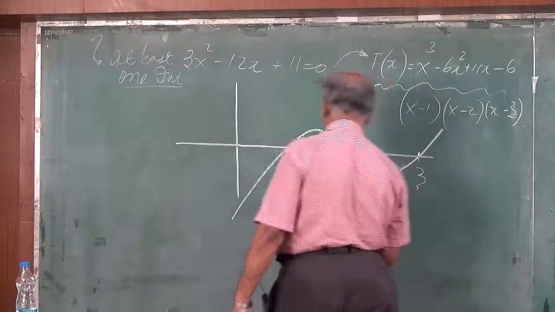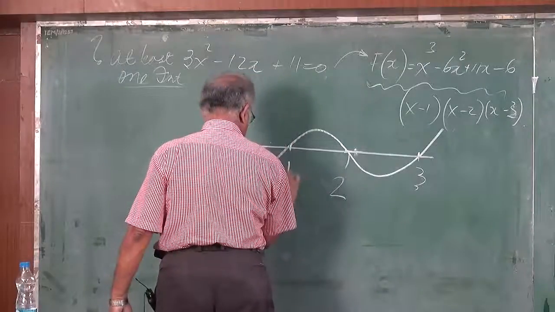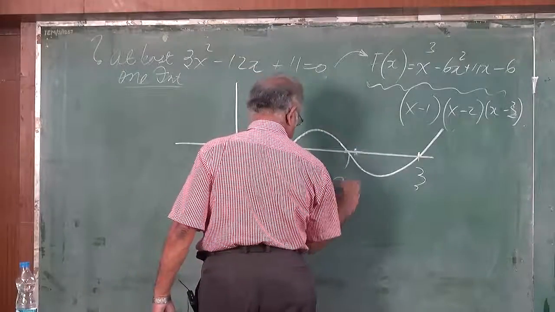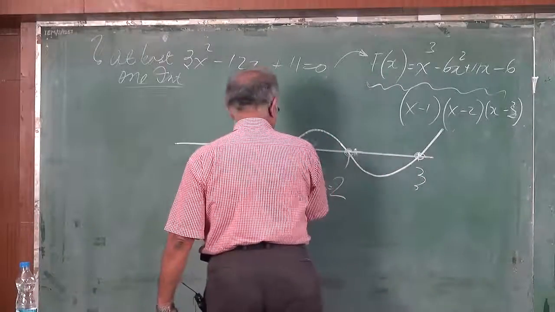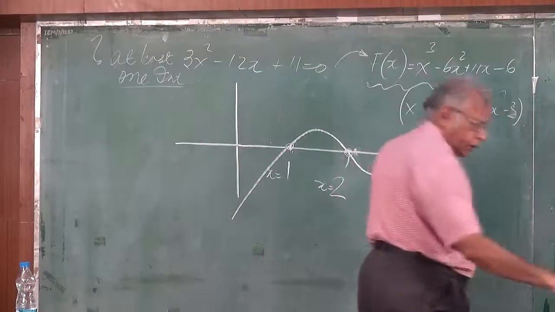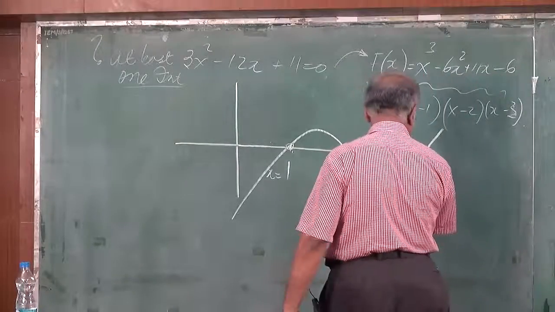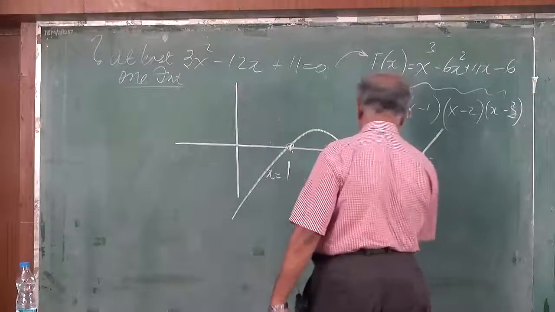These are values of x. So x is equal to 1 here, x is equal to 2 here, and x is equal to 3 here. Use a different color chalk, things will emerge nicely.